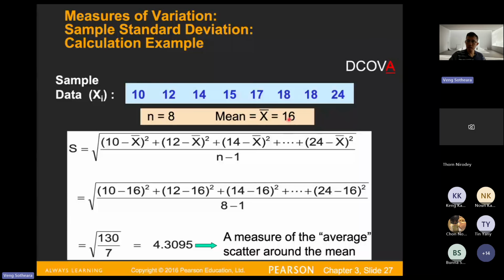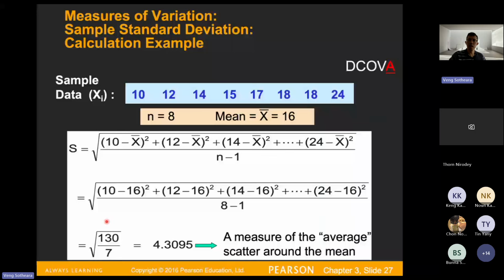On average they are 16, but not all of them are 16, right? Some are 6 years different from 16, some are 4 years different, some even 8 years different.